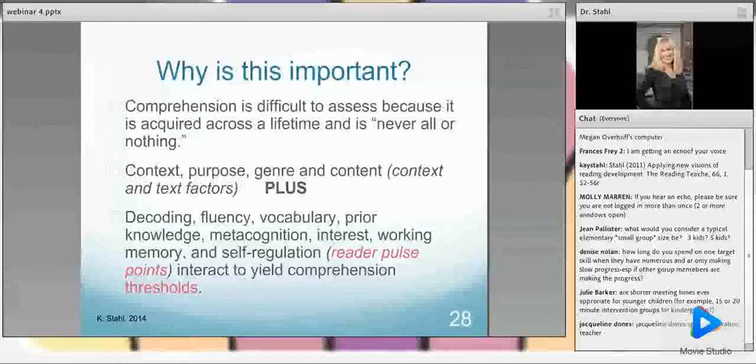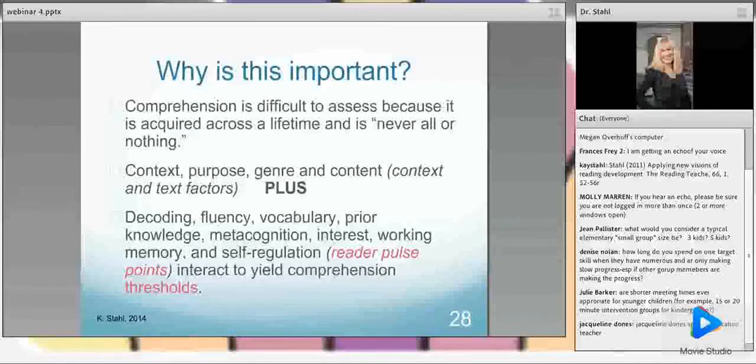If a child has a lot of prior knowledge, it's very possible that their decoding might not necessarily be, let me put this another way. Let's say they have been tested and their instructional reading level is level M. Well, they pick up a level O book that they're interested in.